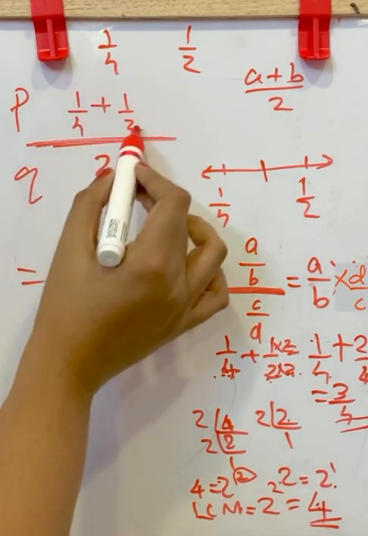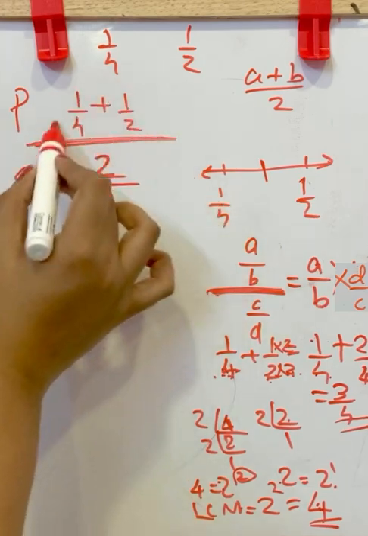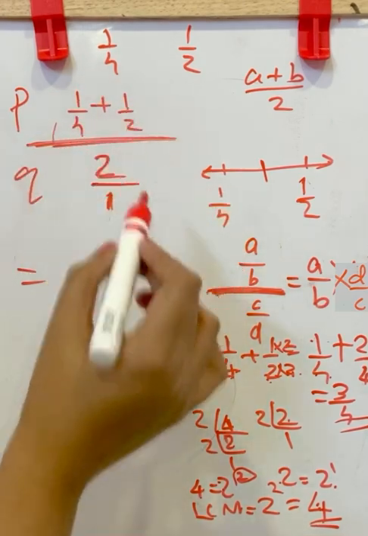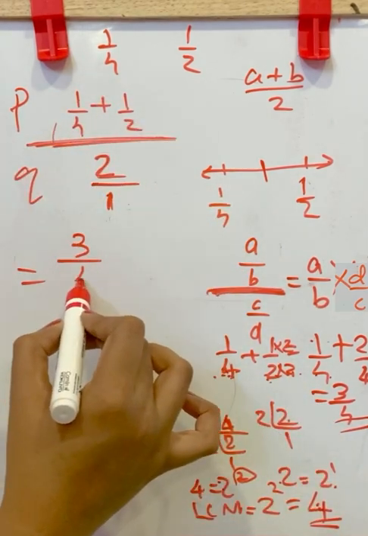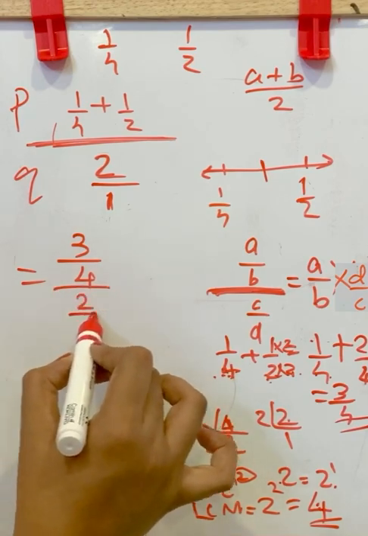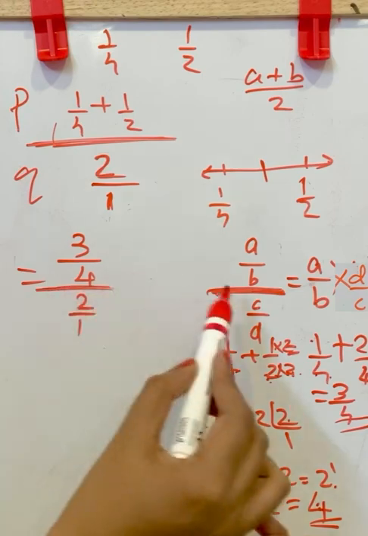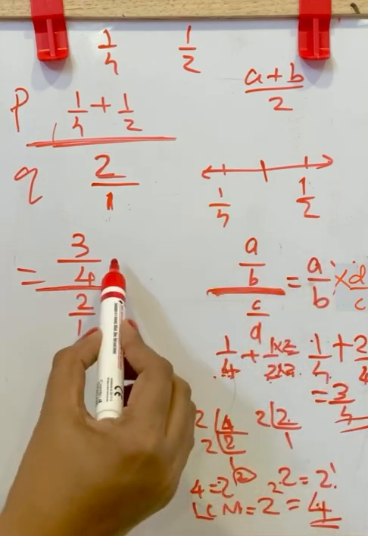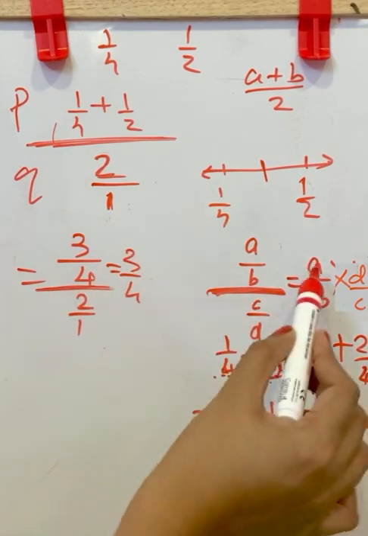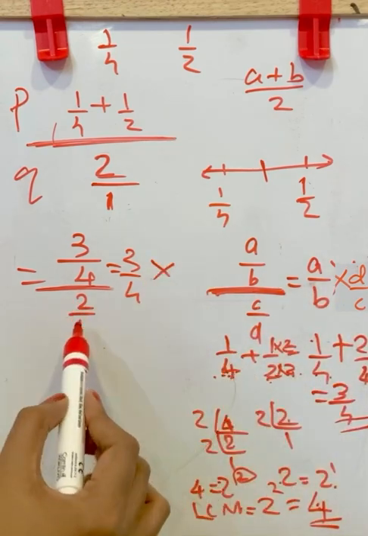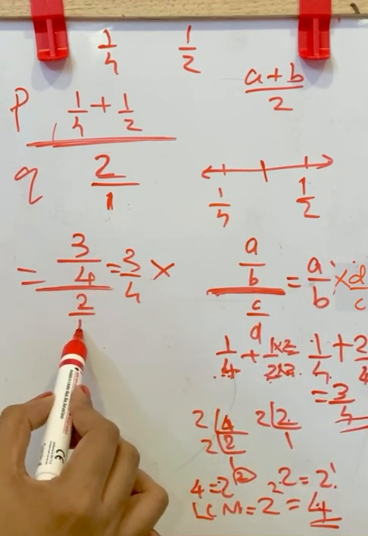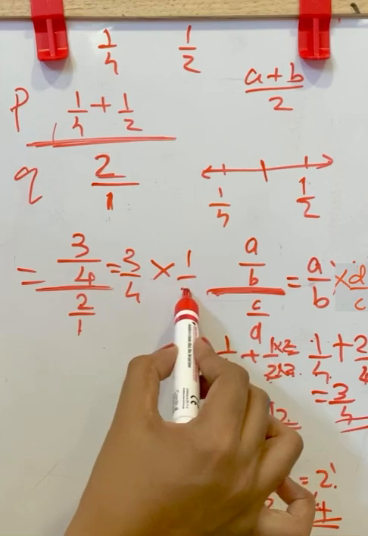Now that is what we get in P, that is the numerator part. 1 by 4 plus 1 by 2, we get 3 by 4, divided by 2 by 1. And we know A by B divided by C by D is A by B into D by C. This is C by D, and D by C means 1 by 2.